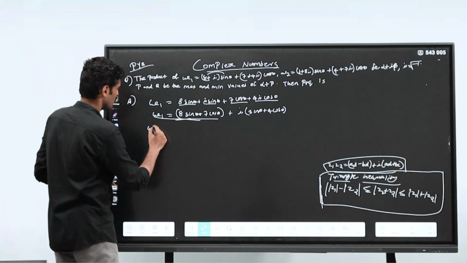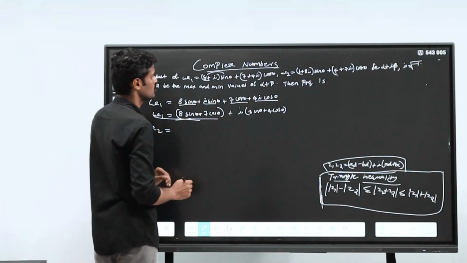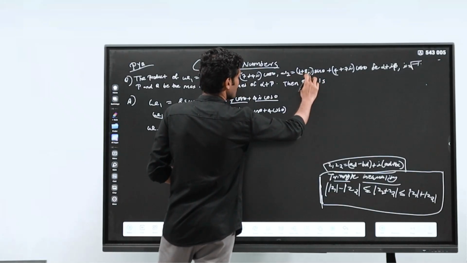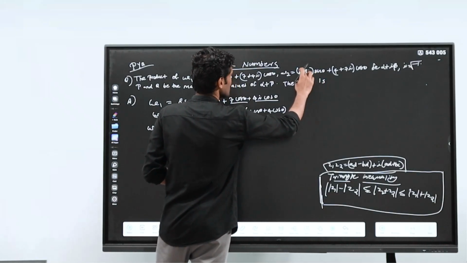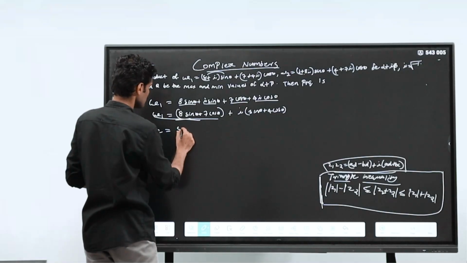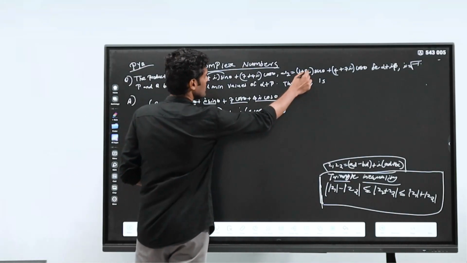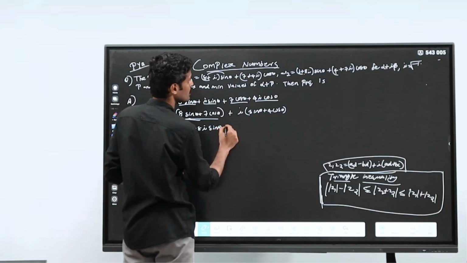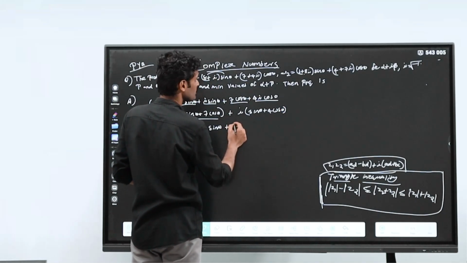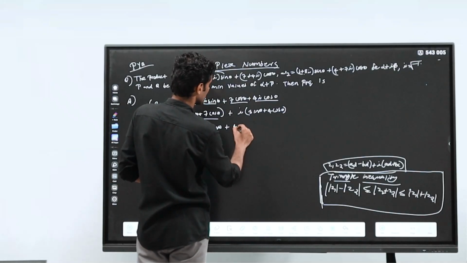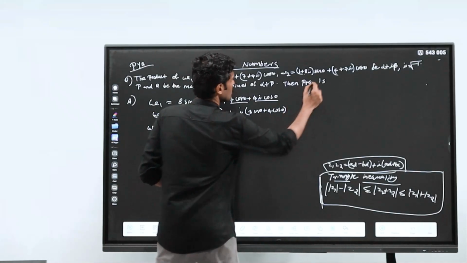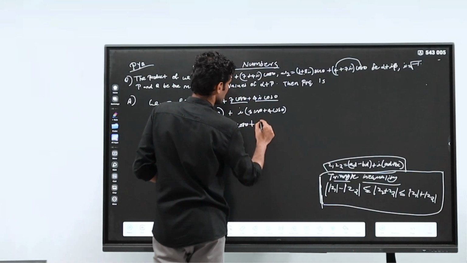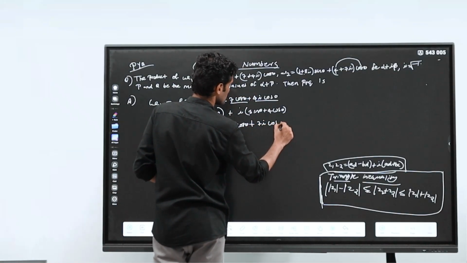Likewise we can find omega 2 as well. We can rearrange omega 2 as 1 plus 8i sin theta plus 4 cos theta plus 7i cos theta.